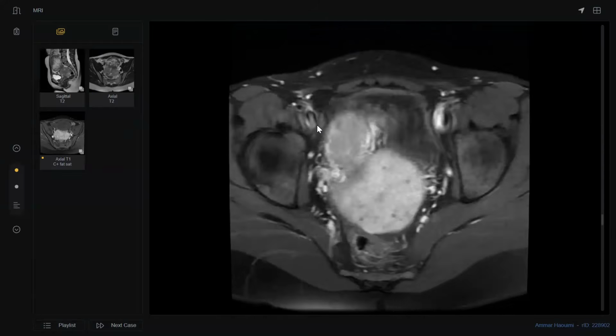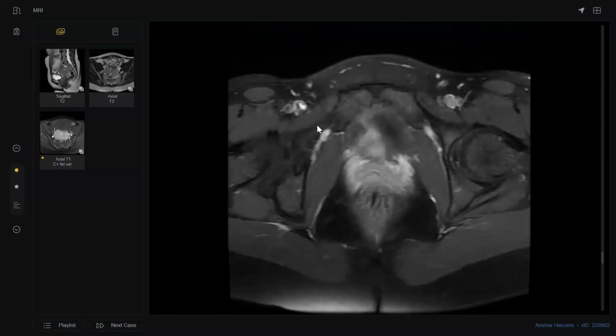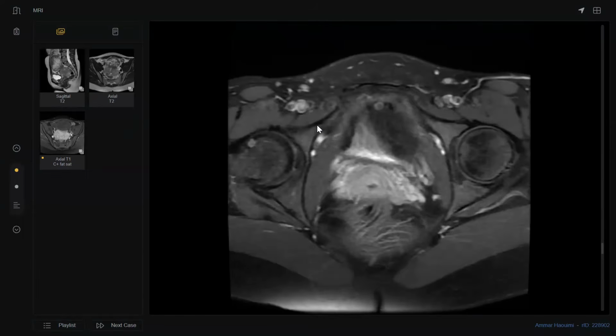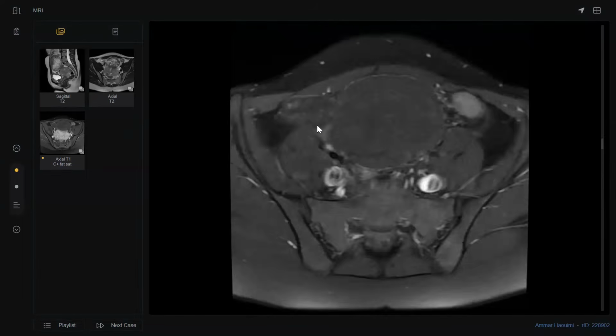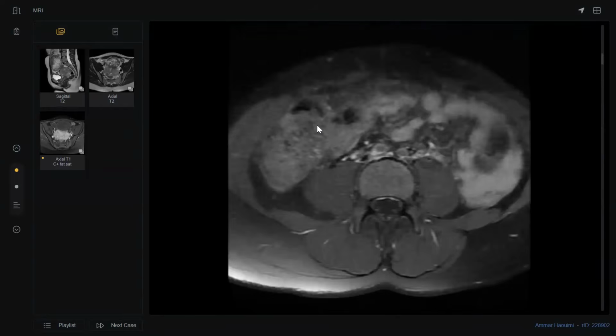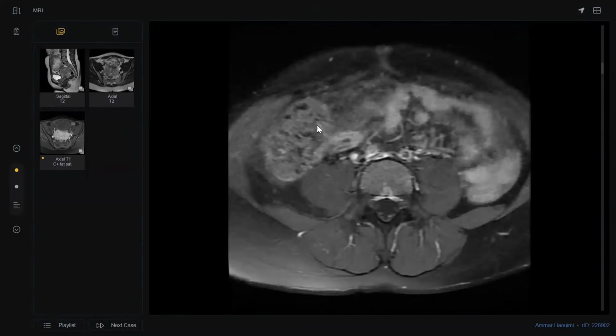And what else? Sir, another possibility is ovarian torsion, but bilateral ovarian torsion is very unusual. So what's your final diagnosis? Sir, it's likely bilateral ovarian neoplastic lesions.